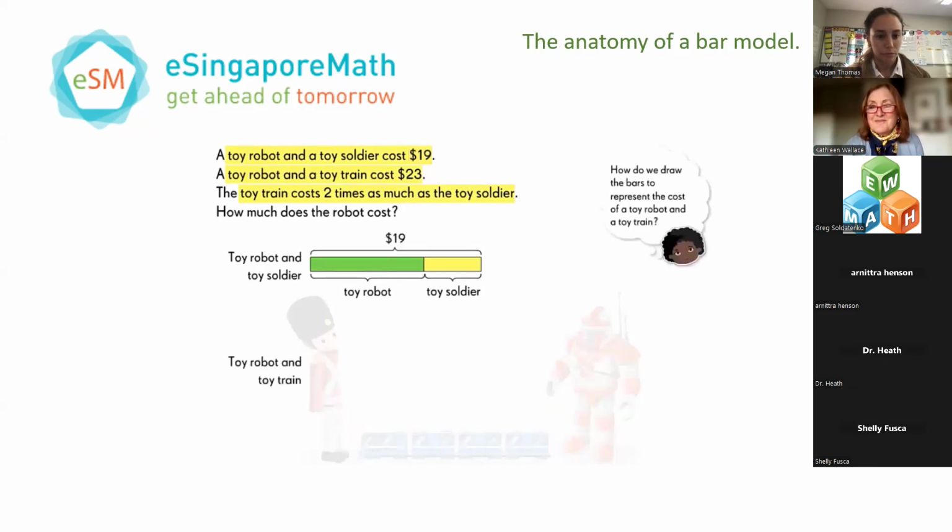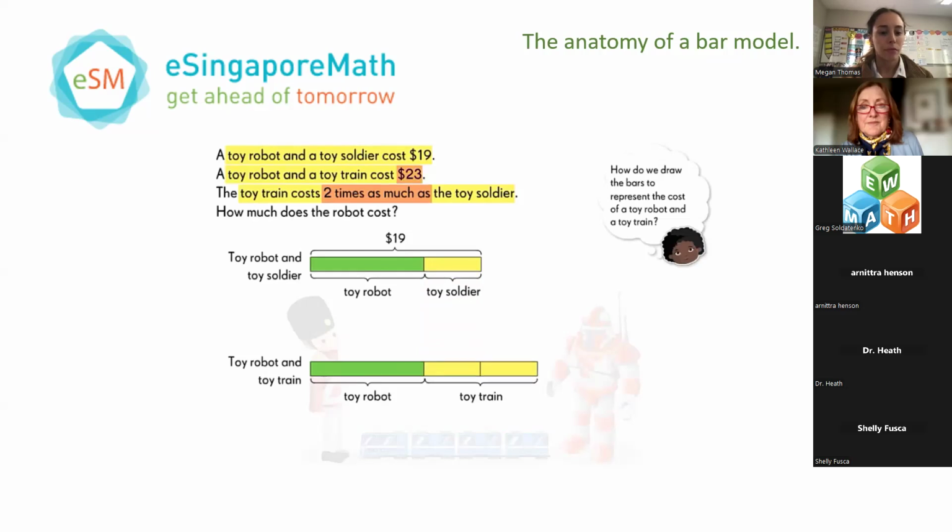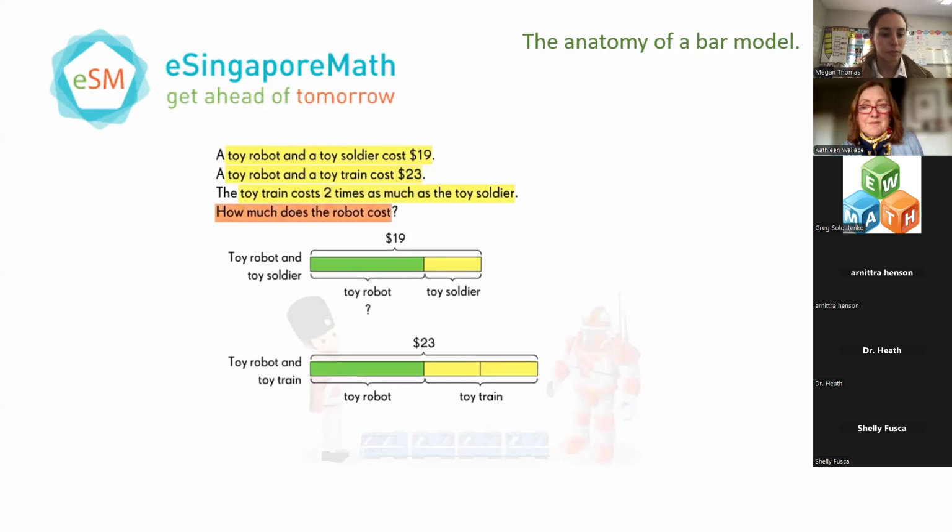How do we draw the bars to represent the cost of a toy robot and a toy train? We draw the same rectangle for the toy robot. The toy train costs 2 times as much as the toy soldier. The toy robot and the toy train cost $23 in all. How do we find the cost of the toy robot?